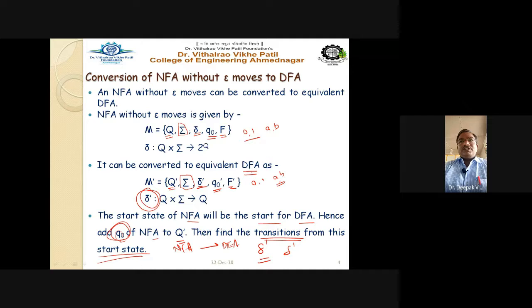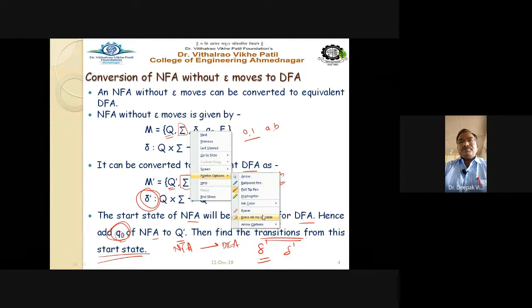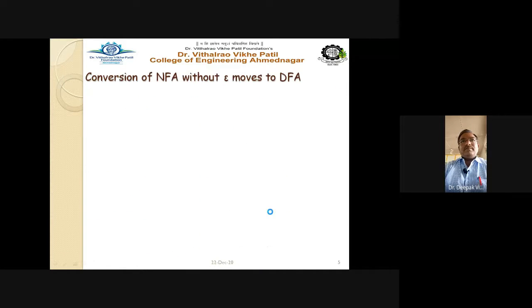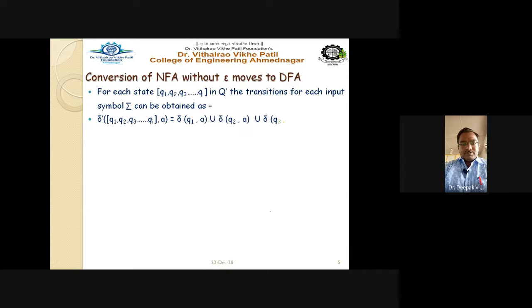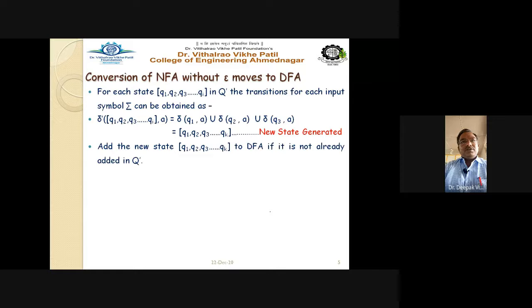Okay, the next step, see the next point here. For each state Q1, Q2, Q3, up to Qi in Q dash, meaning in the DFA, the transitions for each input symbol sigma can be obtained as follows.